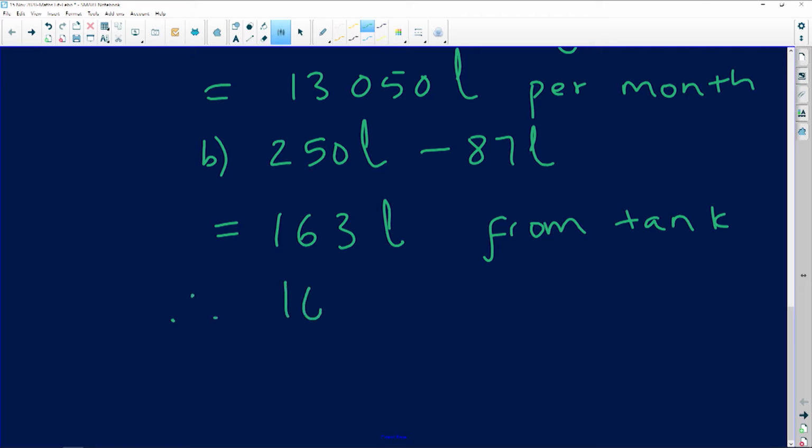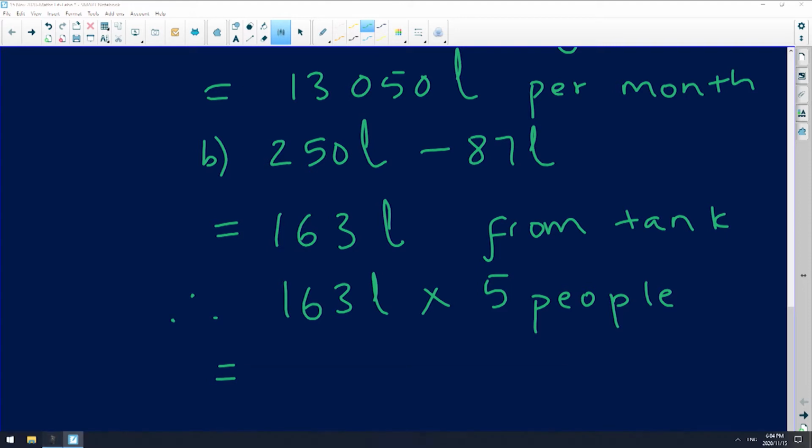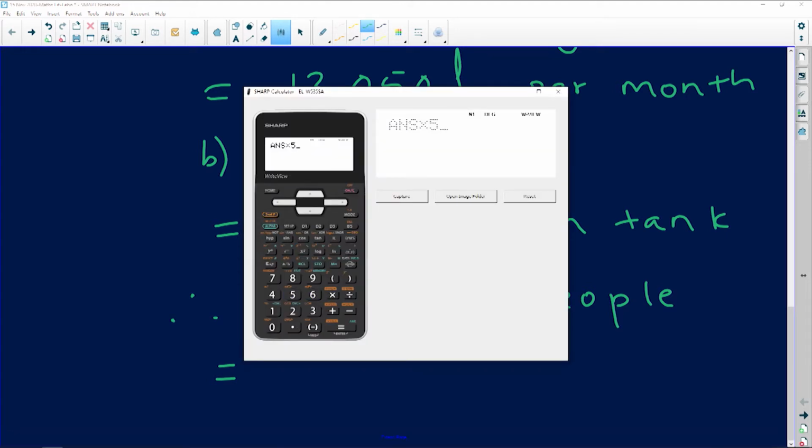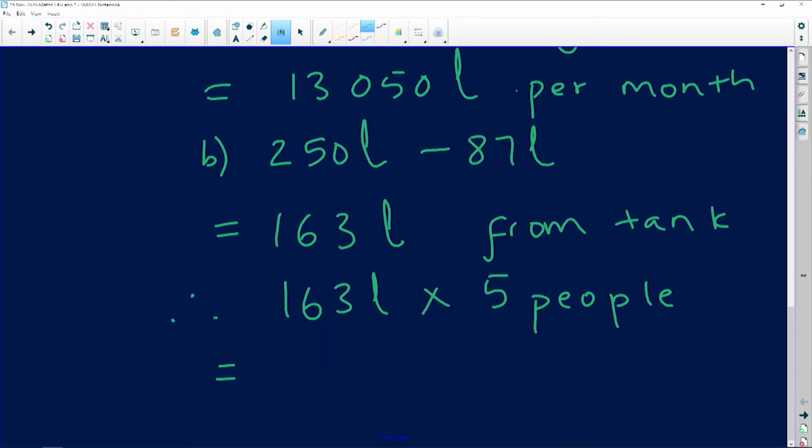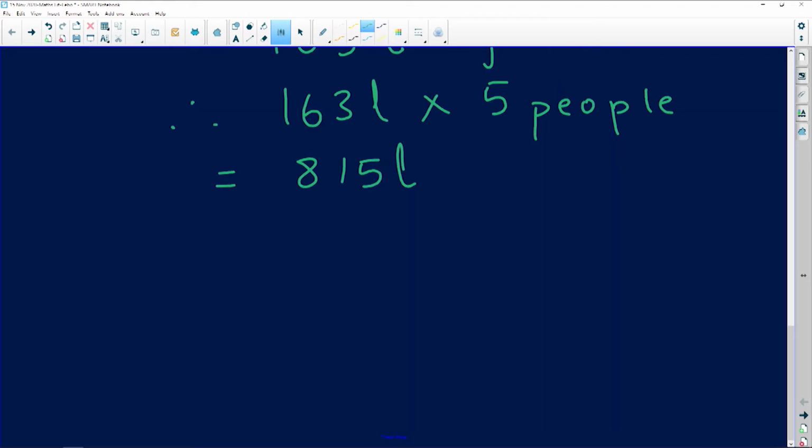Therefore, 163 liters times 5 people is going to give us 815 liters. And this is going to be for the whole family per day.